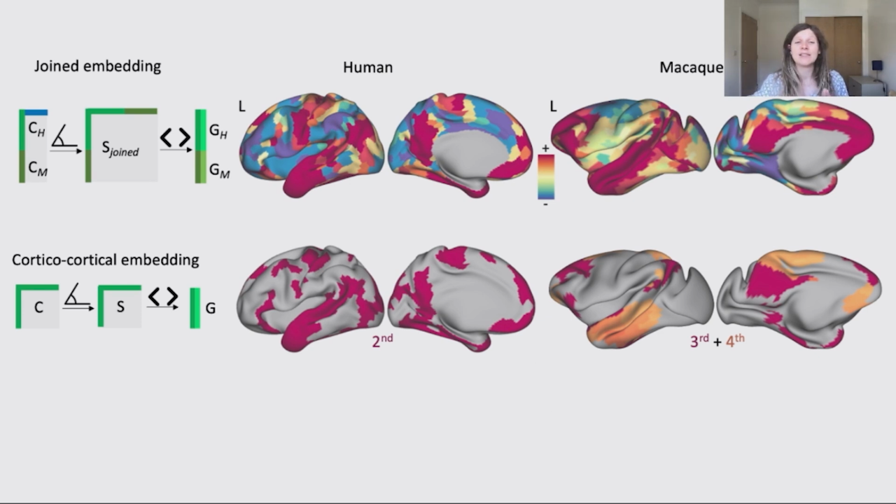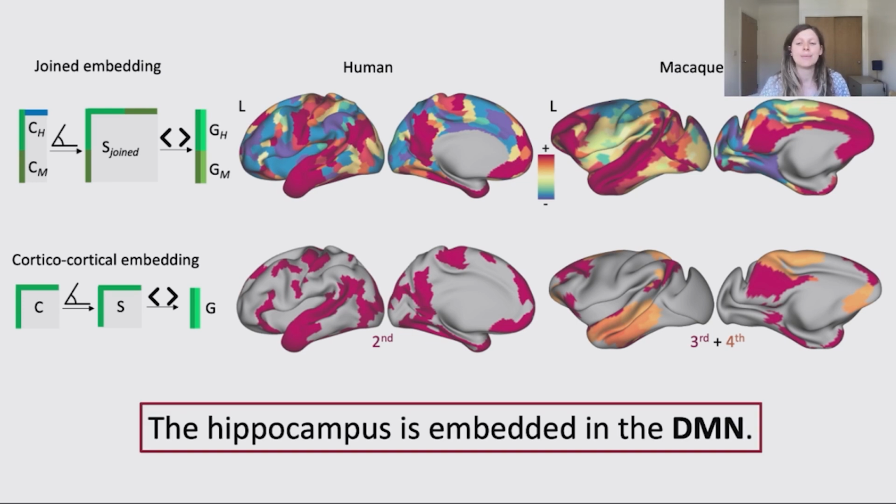And typically these two components, or only one of them, have been reported as the default mode network in the macaque before. But what we show here is that if you anchor your analysis in the hippocampus, you can reveal the entire network being comparable. So we conclude that the hippocampus in both species is embedded in the default mode network.